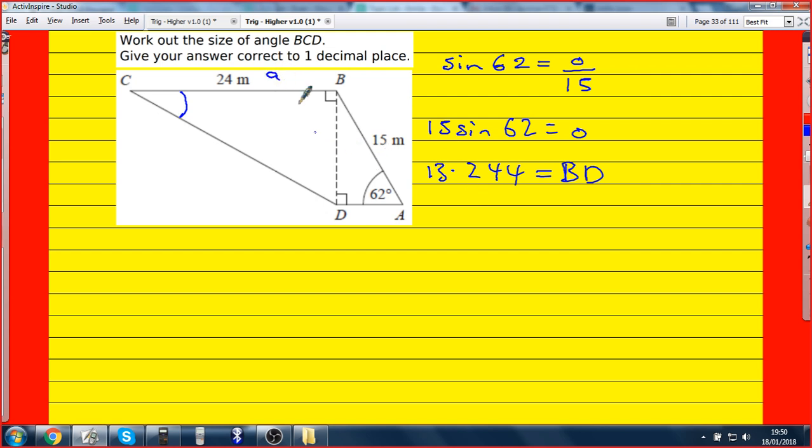So then you would do tan, and then whatever you want to call that angle. We'll call it C. Tan C equals O over A, 13.244 over 24.